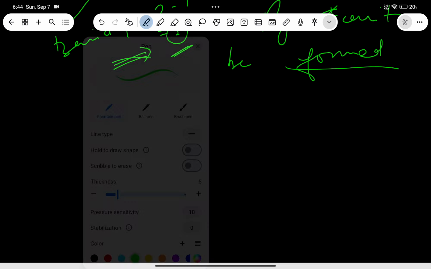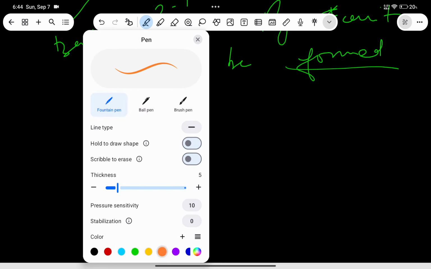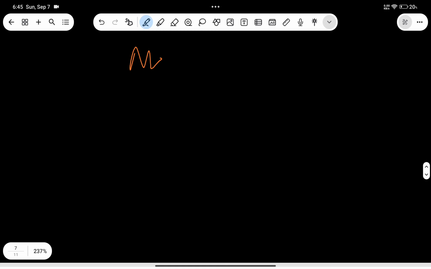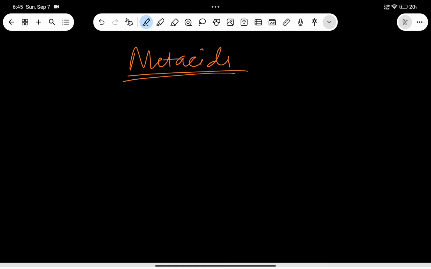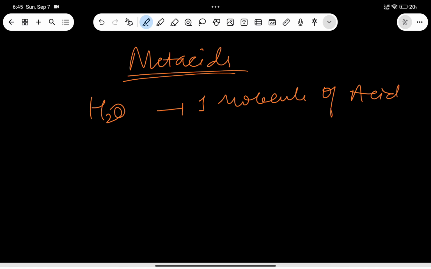Let's talk about another type of acid, which is meta acids. It's simple, like pyro acids, but you have to remove H2O not from 2 molecules but from one molecule of acid. So let's take an example.